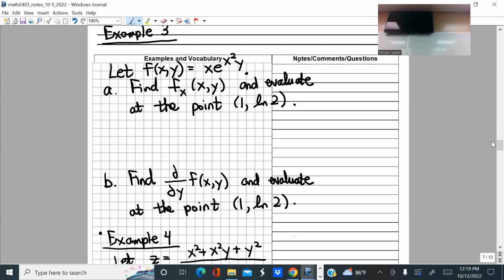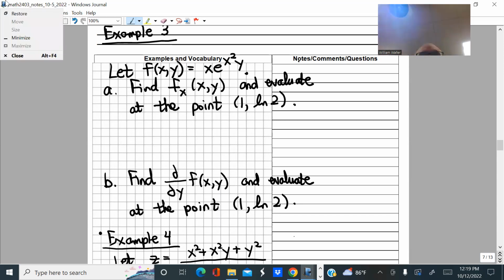So this says, find the partial derivative with respect to x, and then evaluate that at the point (1, natural log of 2). That's kind of a weird point to be evaluating, so it was probably chosen on purpose to somehow make calculations easier. Let's see what happens. Let me lower the screen here so I can write more easily.